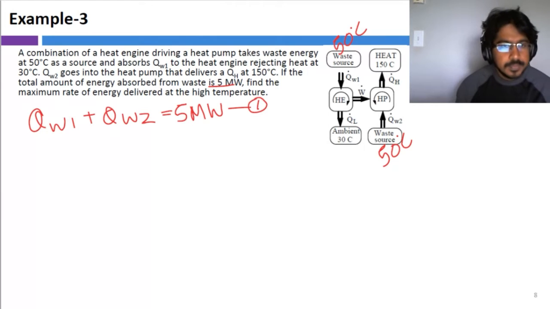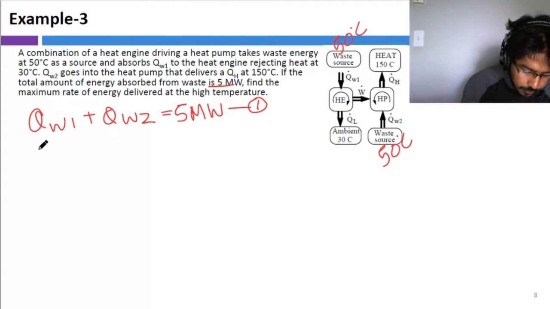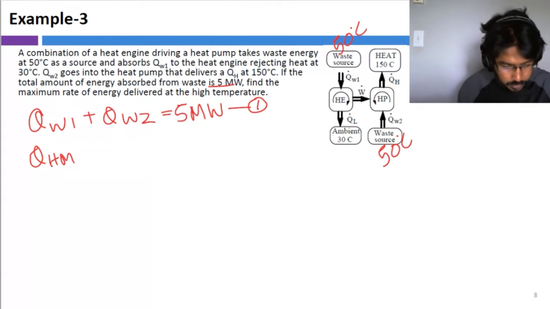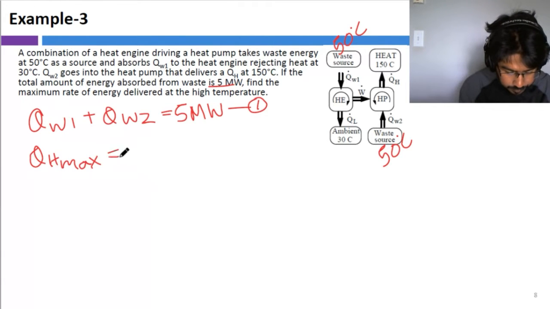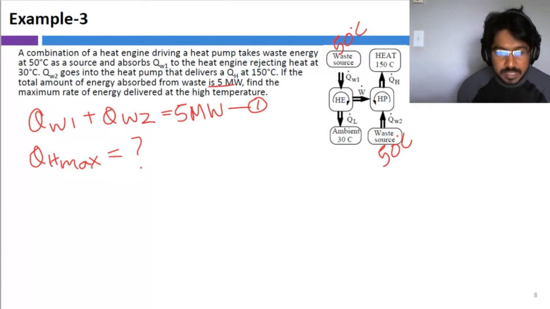This is equation 1. Find the maximum rate of energy delivered to the high temperature. So we are asked to find QH max. This is what the question is asking.